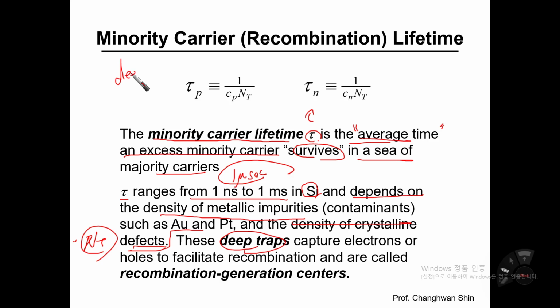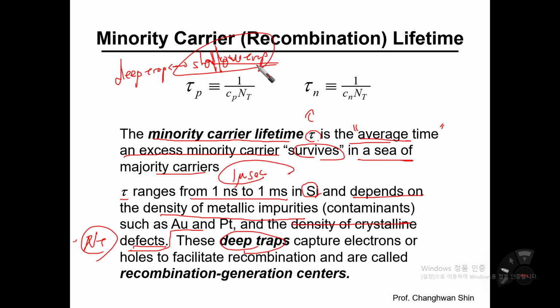The opposite word of deep trap is shallow trap. What are the main examples of shallow traps in silicon? Yes, donors and acceptors.